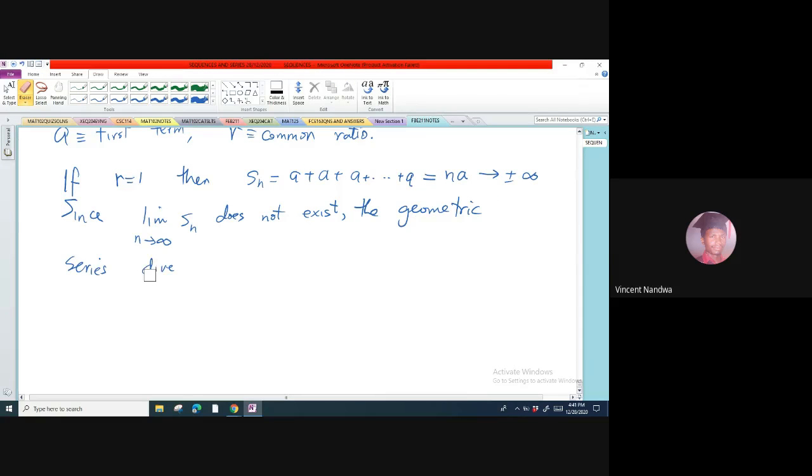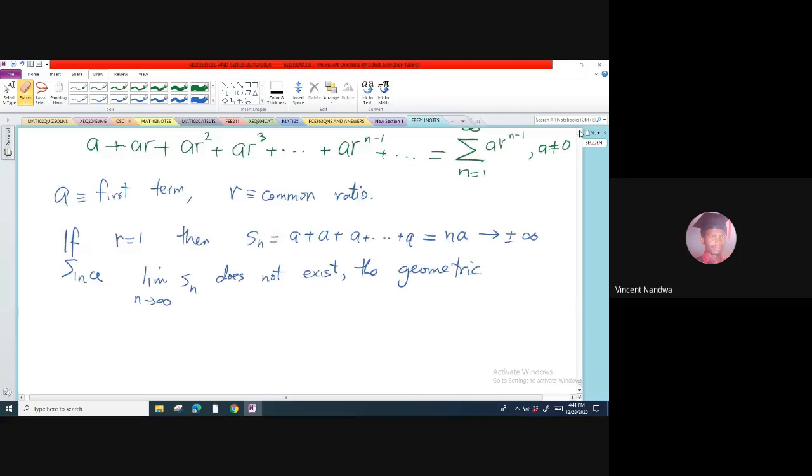Geometric series, not geometric sequence.